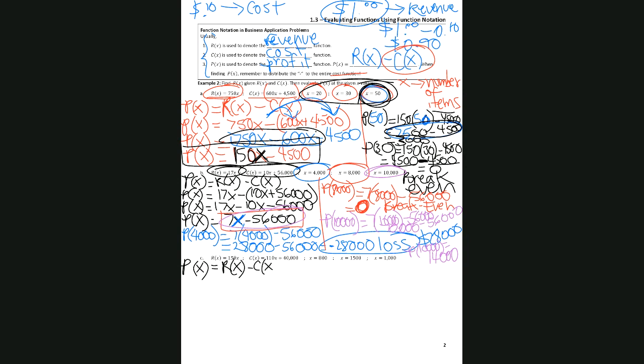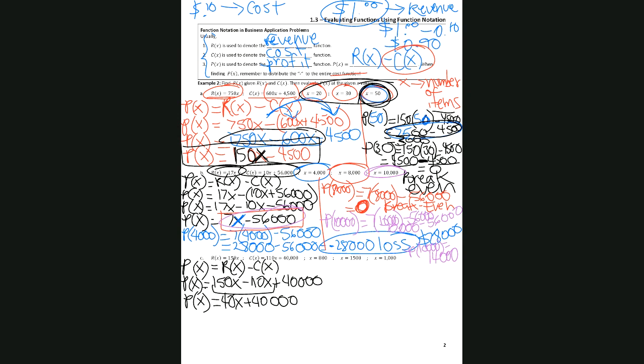So let's go ahead and take the equation for revenue, which is 150x, minus the equation for cost, which is 110x plus 40,000. And so here we can combine like terms. So the profit is going to equal 150x minus 110x. So that will give us 40x plus 40,000. So it's a 4 with 3 zeros, not 4 zeros.